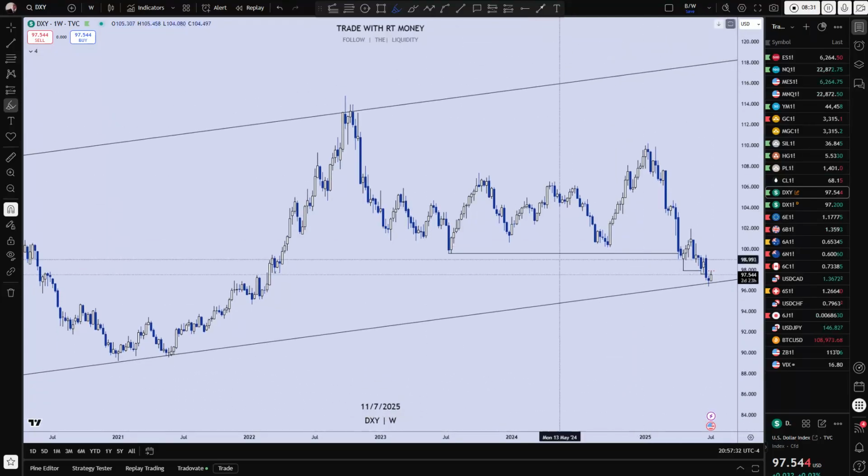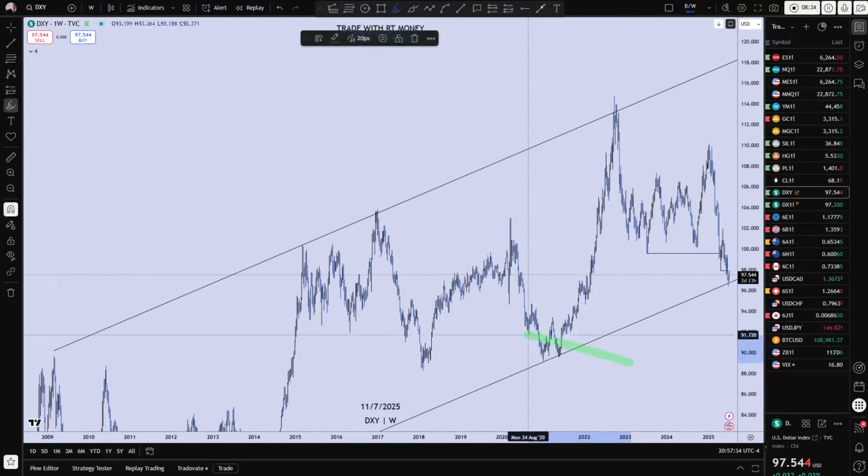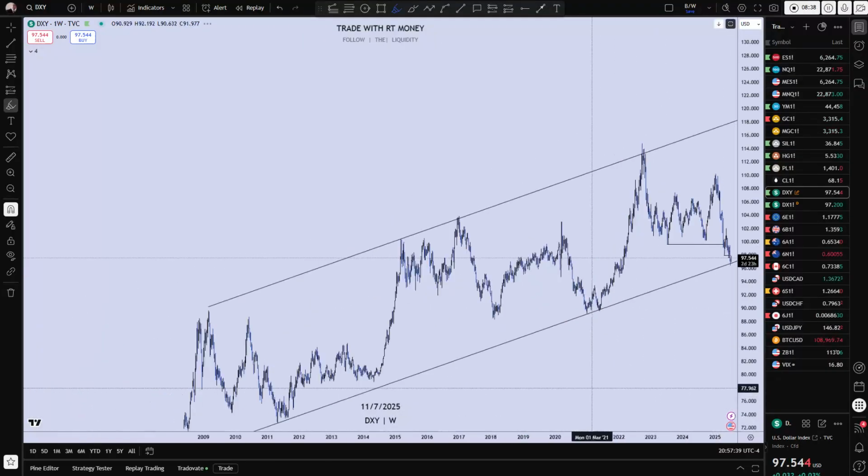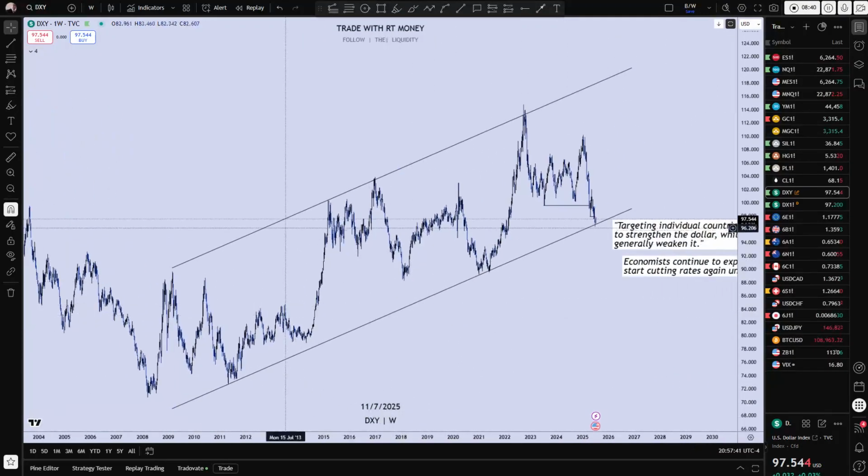We are in the ascending channel, right? And you can see how I have just missed those tops, but got these three here, and we have these bottoms 1 and 2, and we're at that support line of this ascending channel.